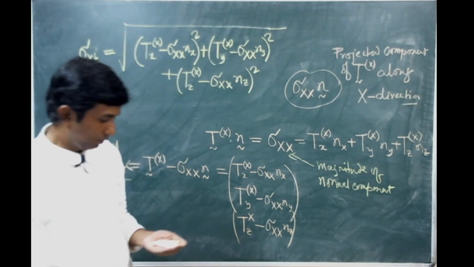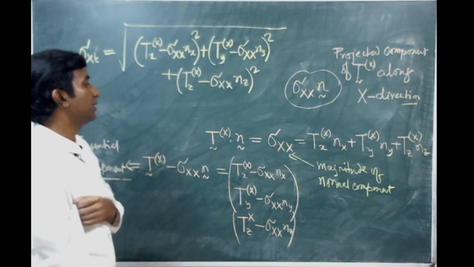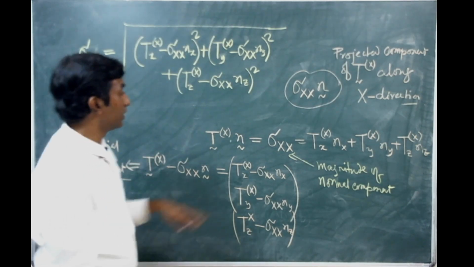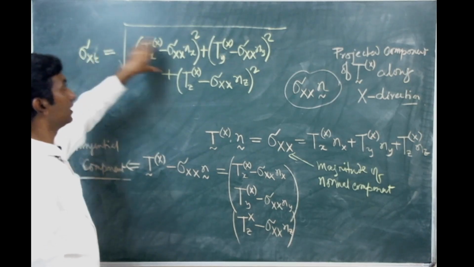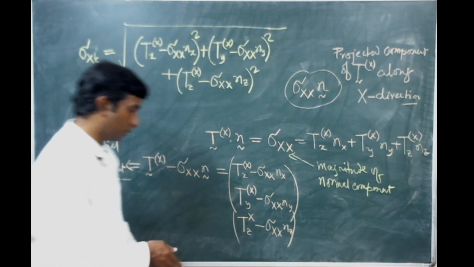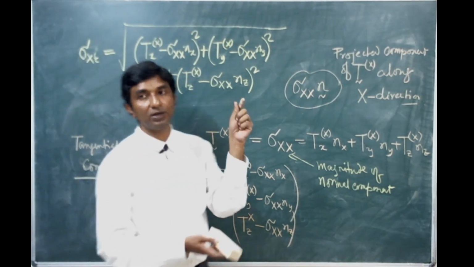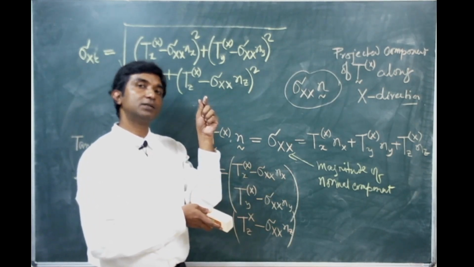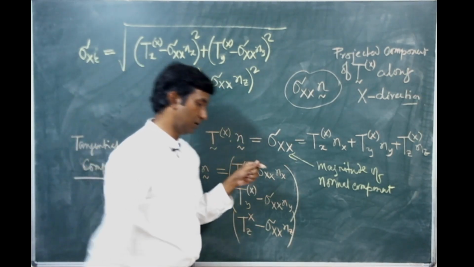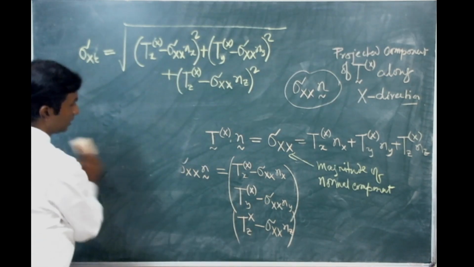When we will be solving questions, I will be identifying the tangential component and the normal component. You can either follow this way of computing the tangential component, or since we have resolved this traction vector into two orthogonal components, one along the normal direction, that means along the capital X direction, and another along the tangential direction, you can use the Pythagoras theorem.